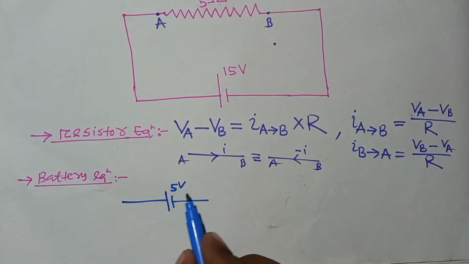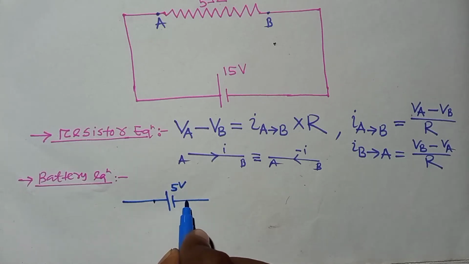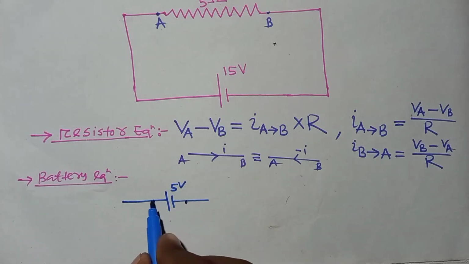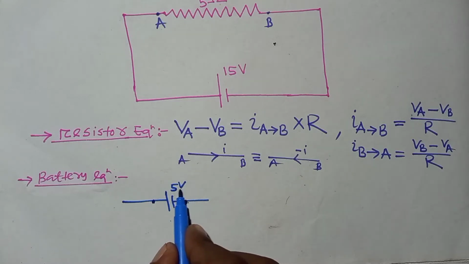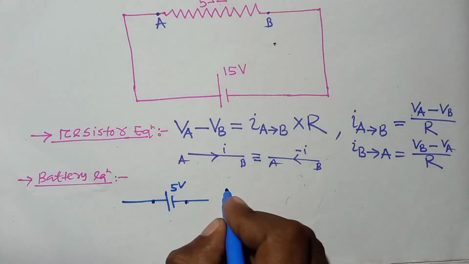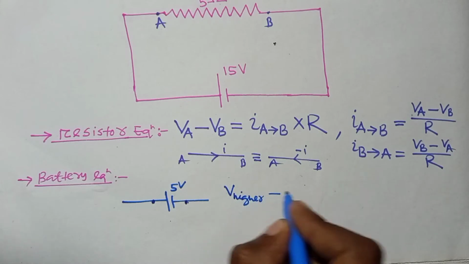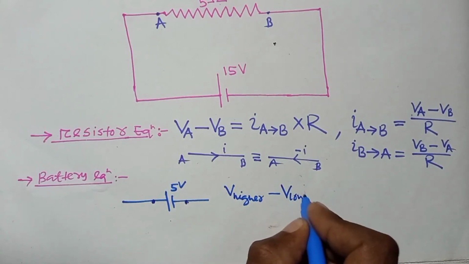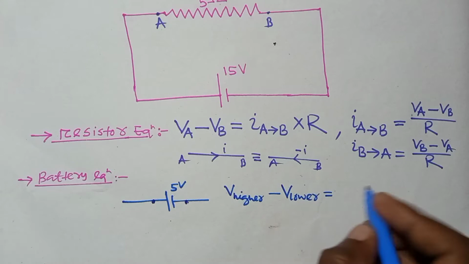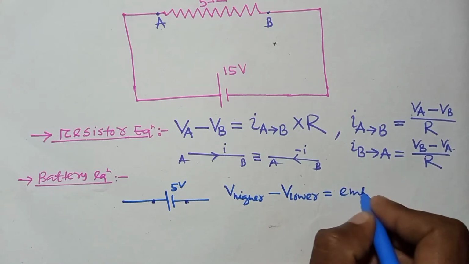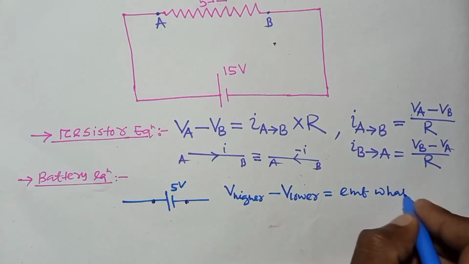This battery always maintains a potential difference of 5 volt across these two terminals. This higher side minus lower side is always equal to 5 volt. So we can say that potential of higher side minus potential of lower side is equal to the EMF, or whatever is written on the battery.